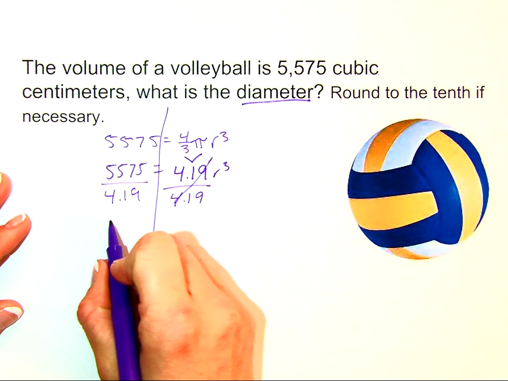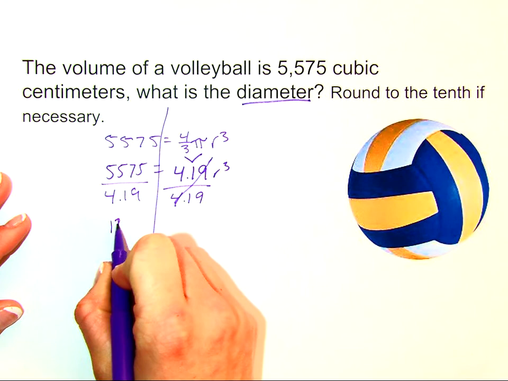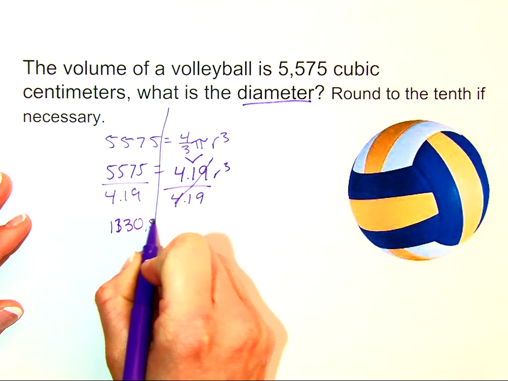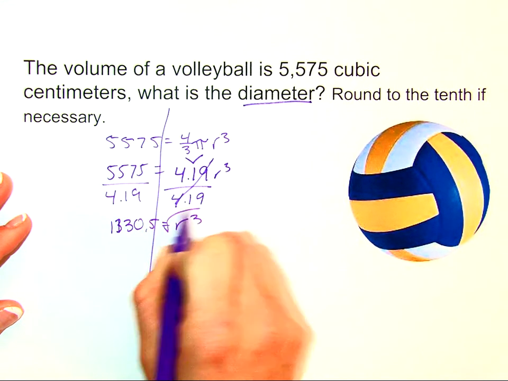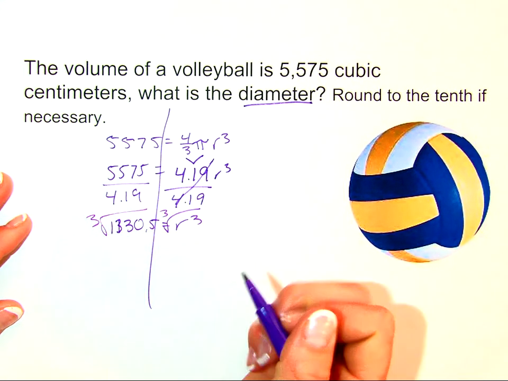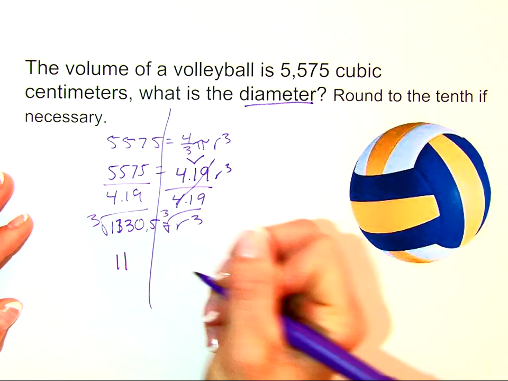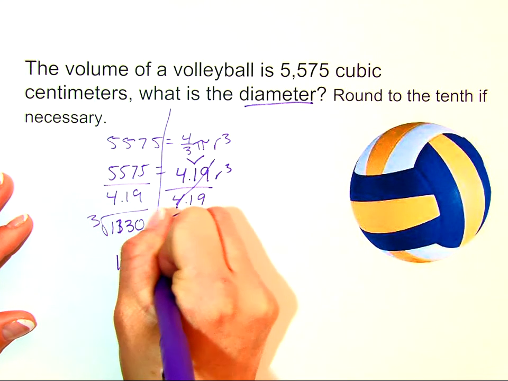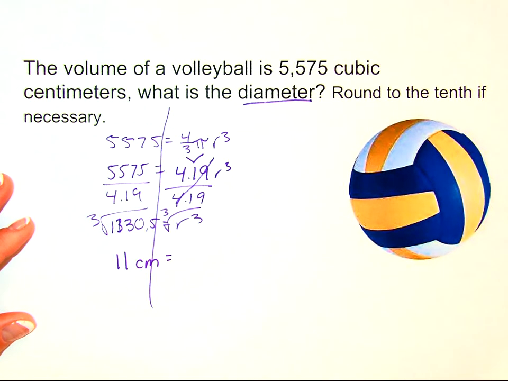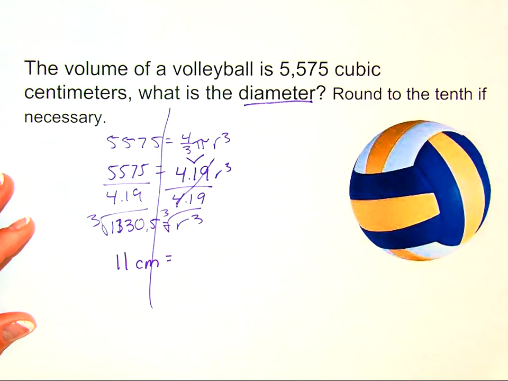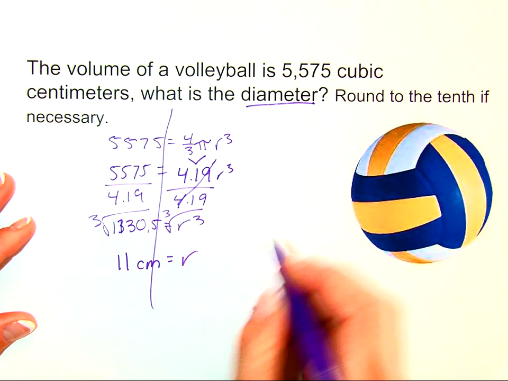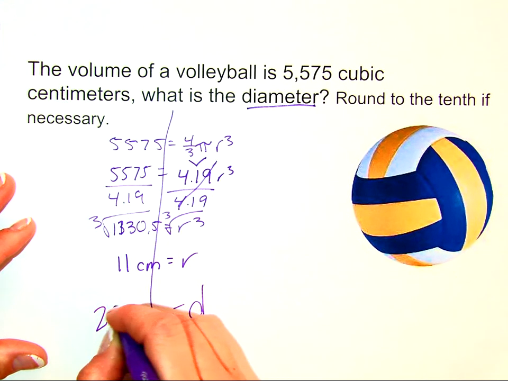Which gives you 1330.5 is equal to r cubed. Take the cube root, gives you approximately 11 centimeters for your radius. So that means our diameter is going to be 22 centimeters.